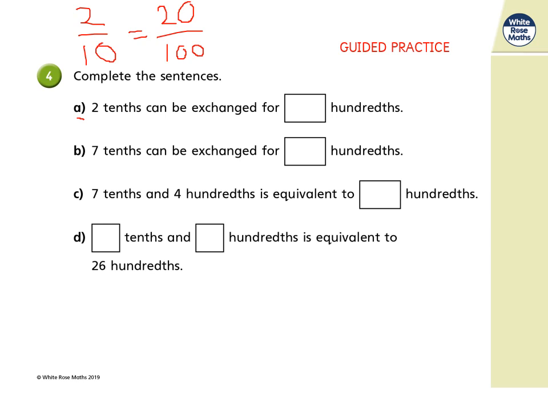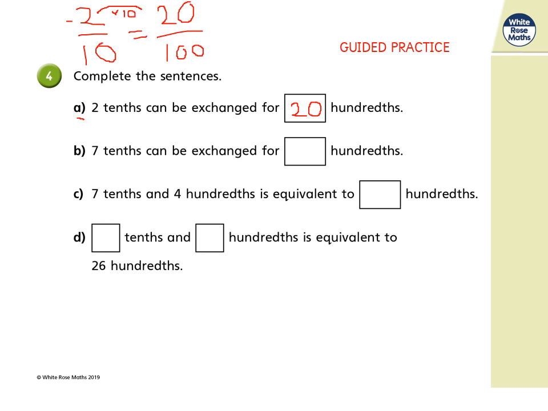If we look back at 2 tenths, I know that there would be 2 full rows or 2 full columns shaded out of a total of 10 full rows or columns. So 2 tenths is equivalent to 20 hundredths. If I just show you here with the 2 tenths and the 20 hundredths, you can see there's a bit of a relationship there. You can see that 2 has been multiplied by 10 in order to get to 20.